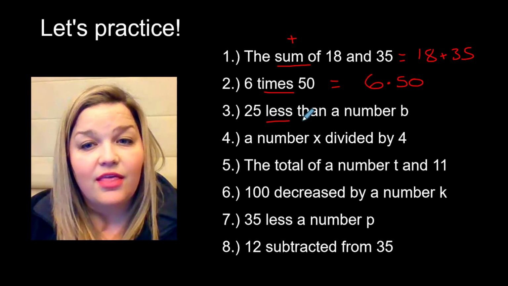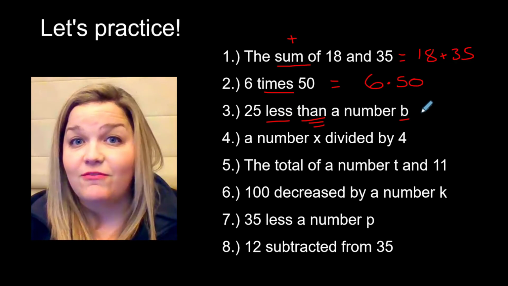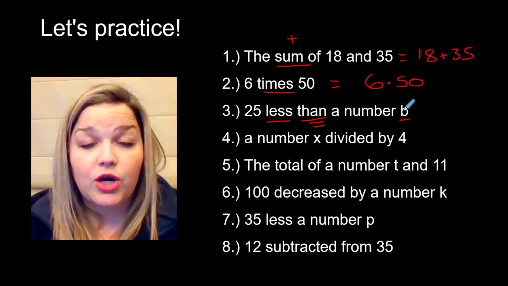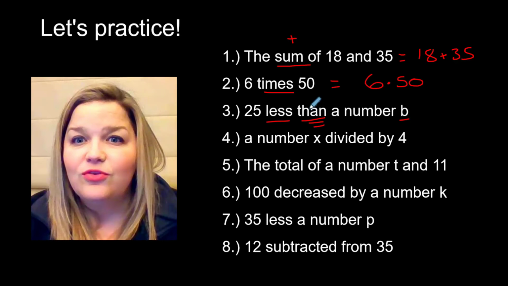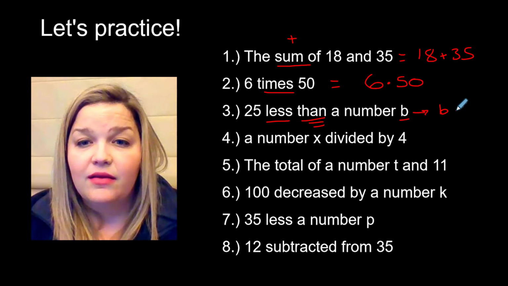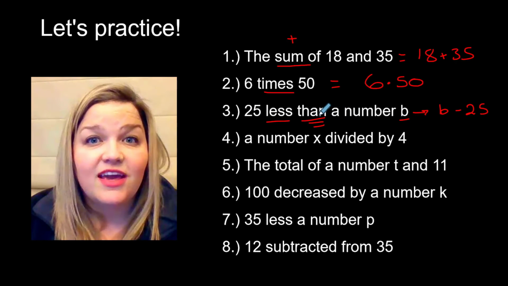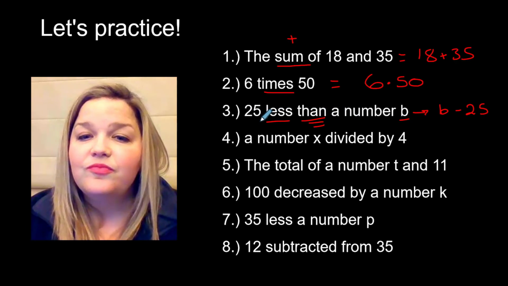25 less than a number b. In this situation, they did give us a variable b, so we're going to want to use that. I also noticed that I had a switch word, than. So I am going to write this b minus 25. I'm not going to write 25 minus b because of that than, which is my switch word.